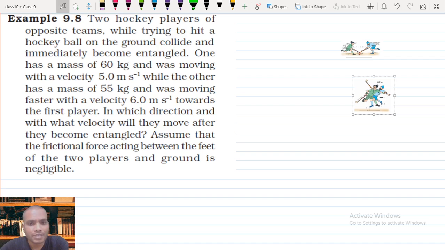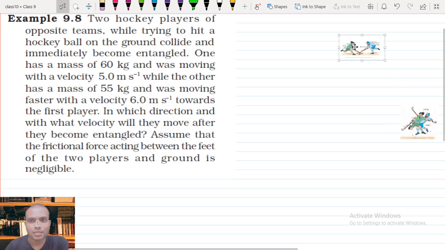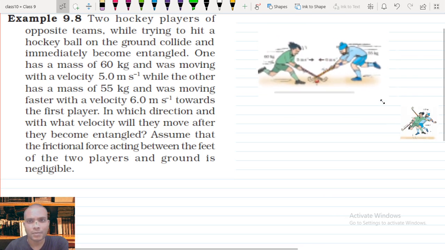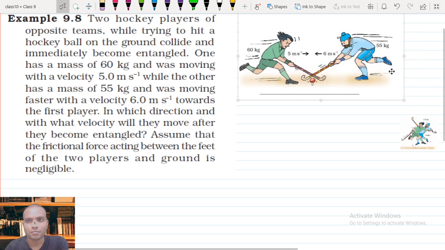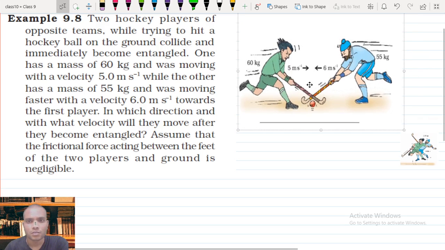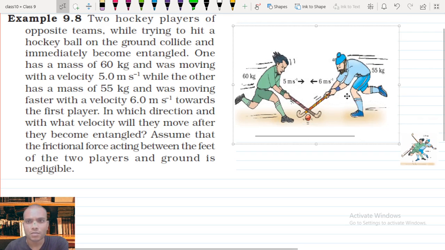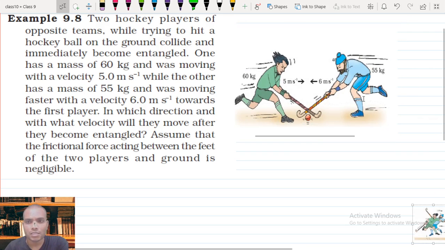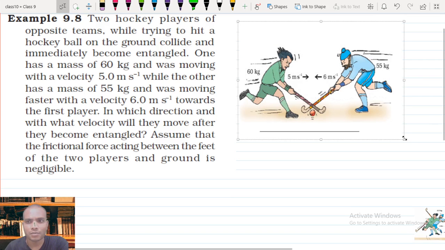Assume the friction forces acting between the feet of the two players and the ground are negligible. Here, entangled means they become together. This is the diagram which is given. Two jerseys, one in green, one in blue.